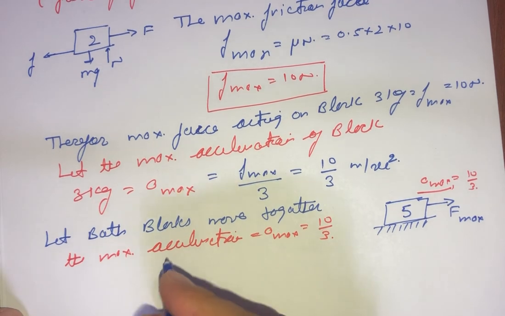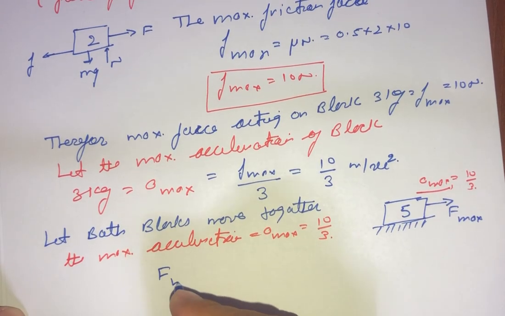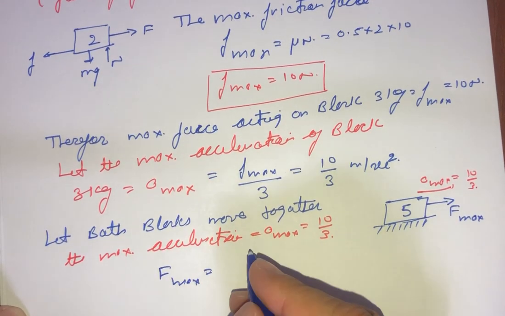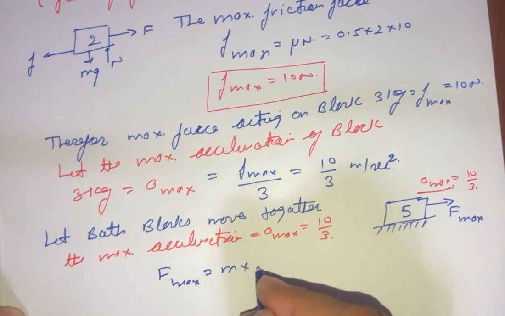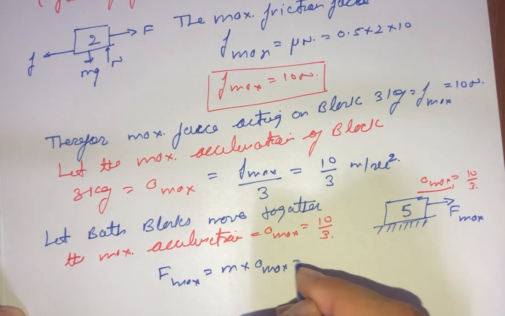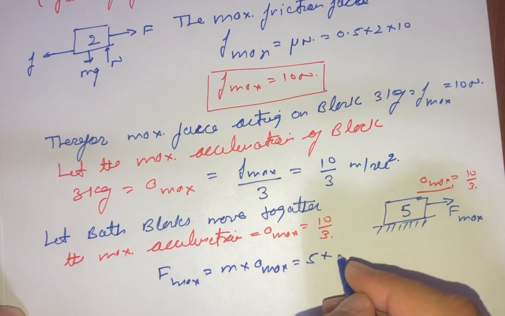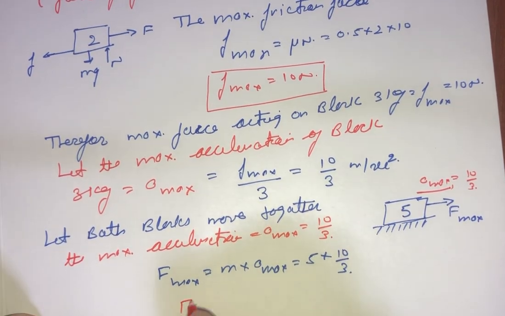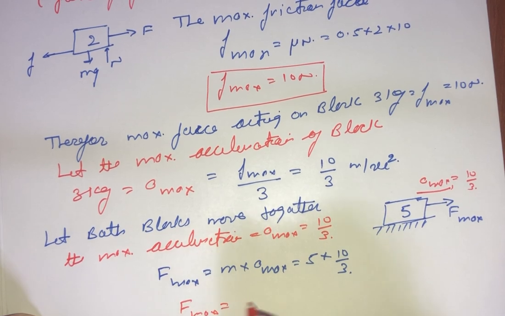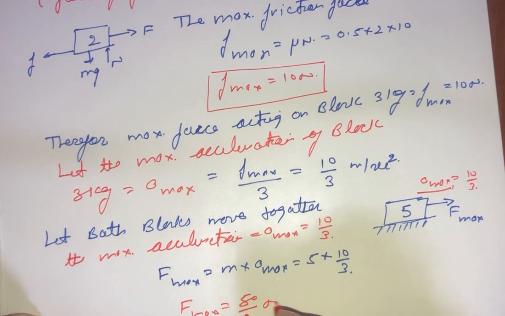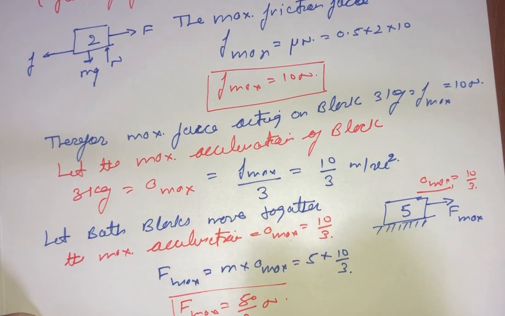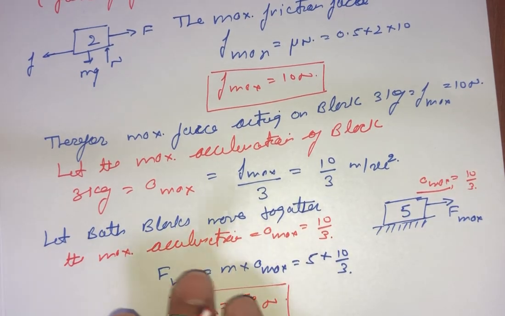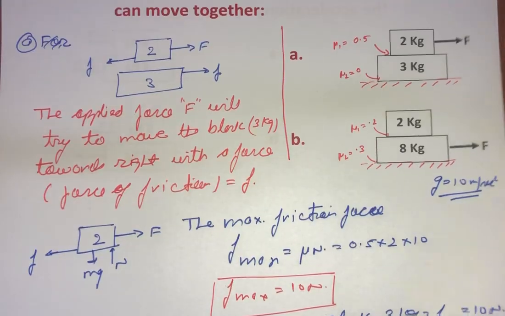So we get F max will be equal to mass into A max. Mass is 5, A max is 10 by 3. So the maximum force is coming as 50 by 3 Newton. So this is for the first part.